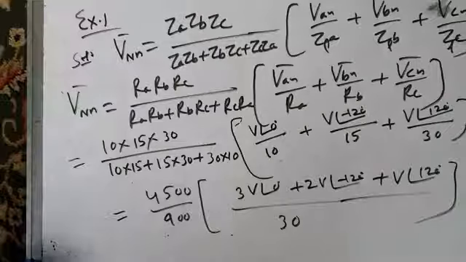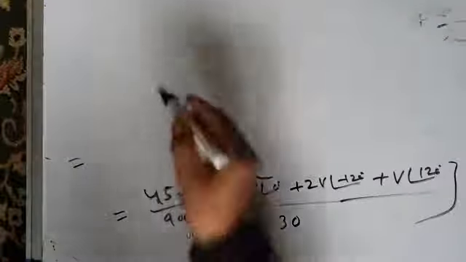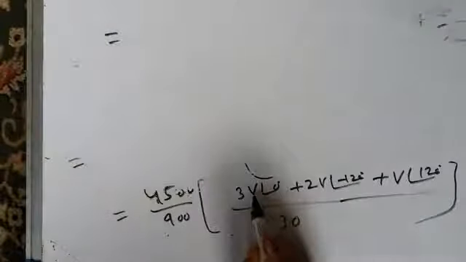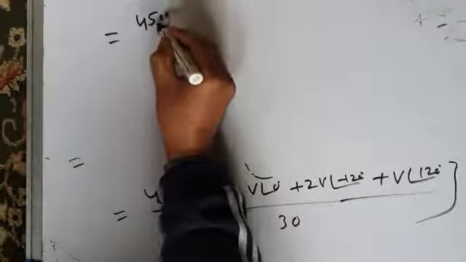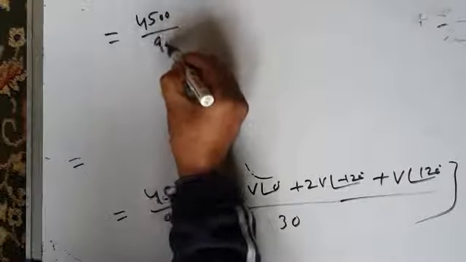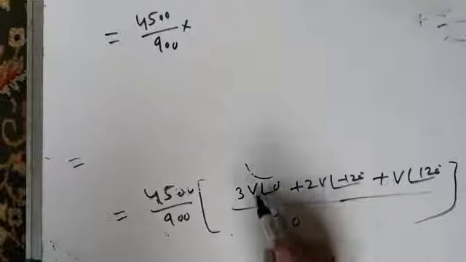Further simplification will give, this is 4500. So ये V भी मैं बाहर निकालता हूँ और ये नीचे 30 भी बाहर निकालता हूँ. This will give 4500 by 900 into V by 30.